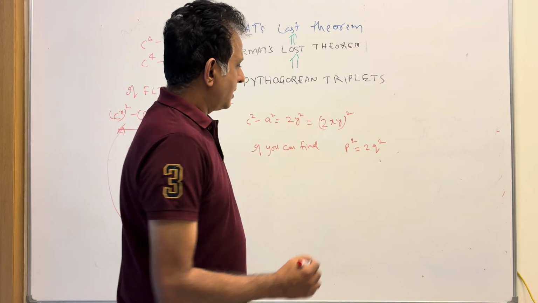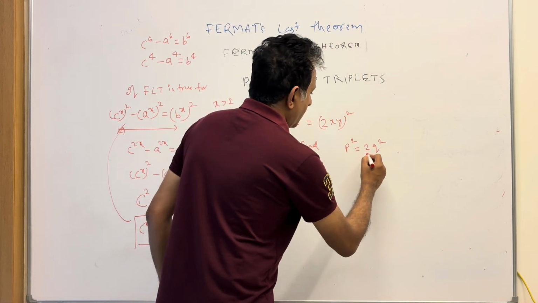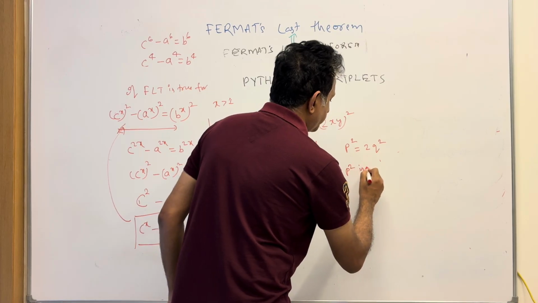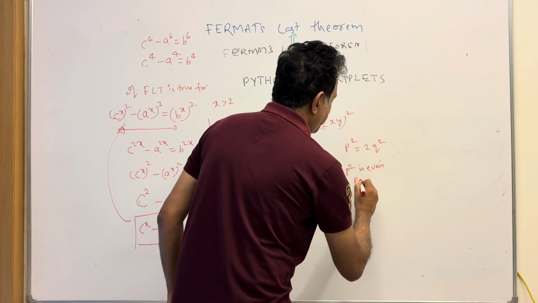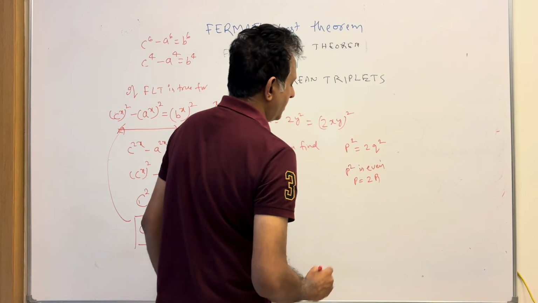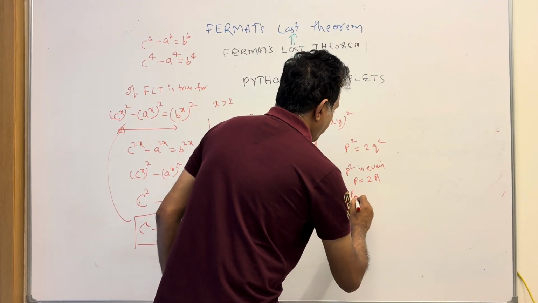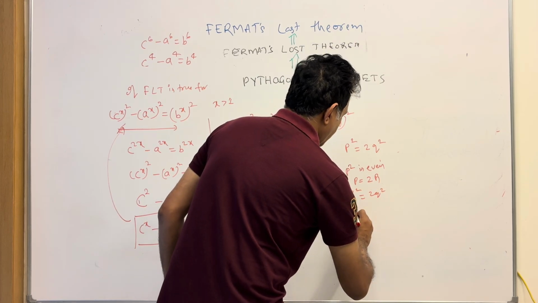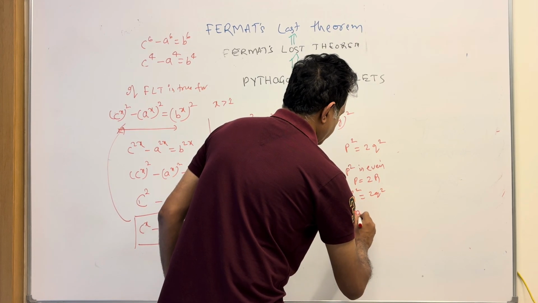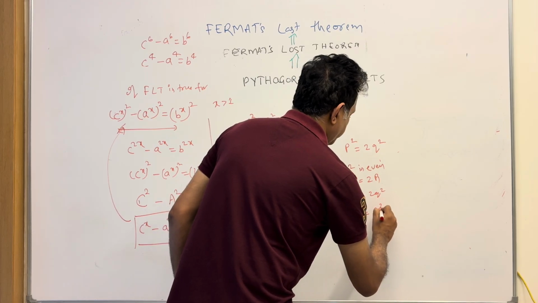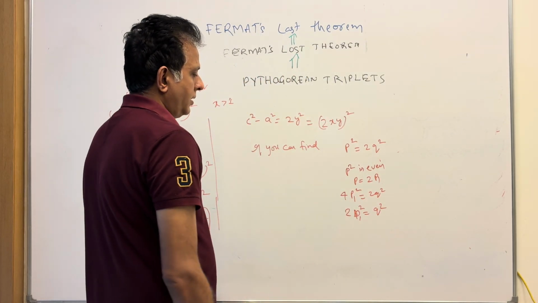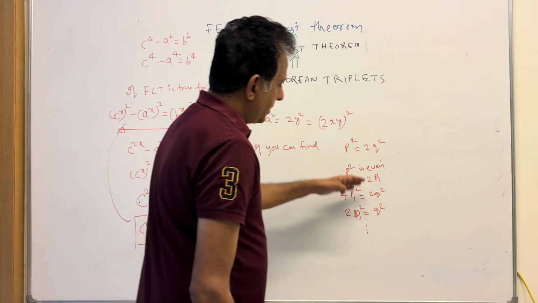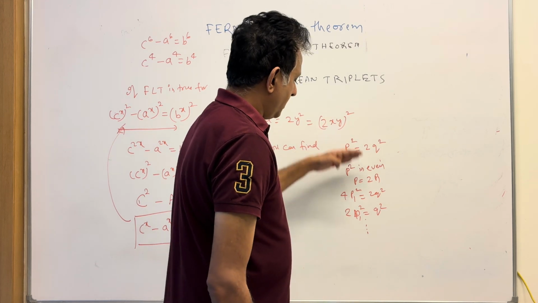So for example, you have p square equal to 2 into q square. That means that p square is even, which means that p is equal to 2p1. Then we have 4p1 square equal to 2q square, so 2p1 square is equal to q square. Then again q square is even. So ultimately we hit rock bottom.